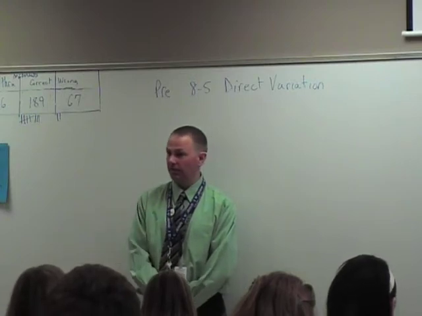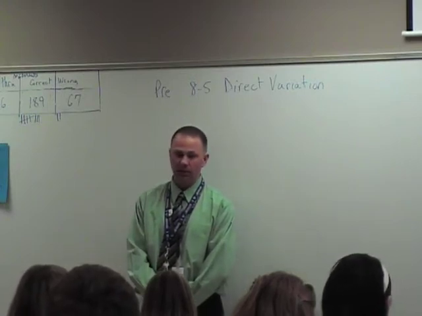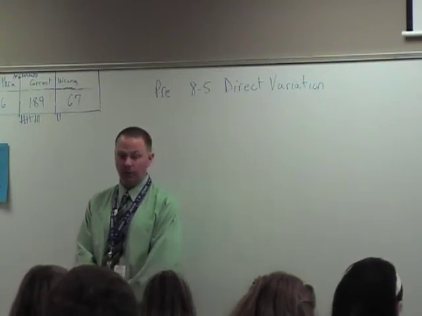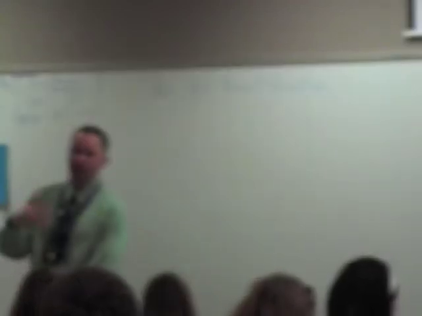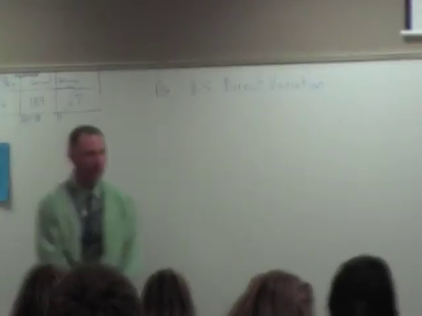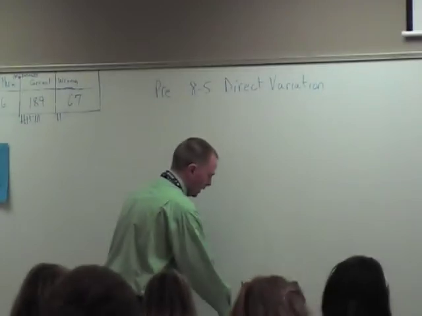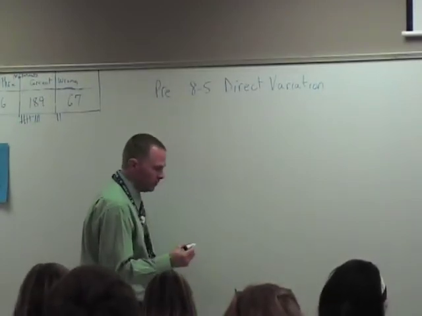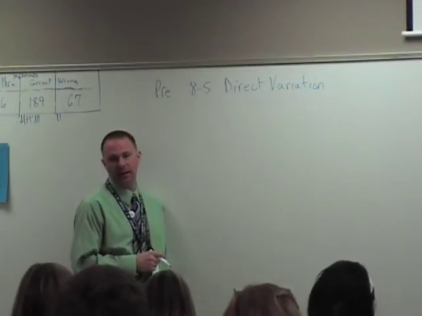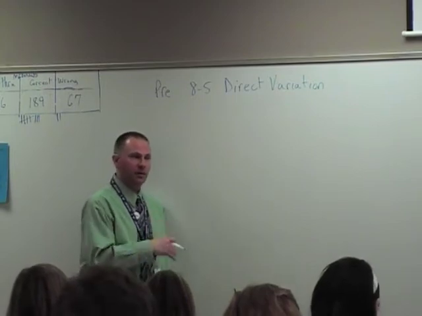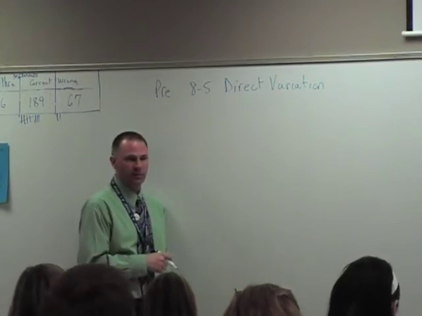One affects the other. Y varies directly with x at a constant rate, and that's what we need to understand. So a constant rate is what we need to find. What is that constant rate if x and y vary directly with each other?